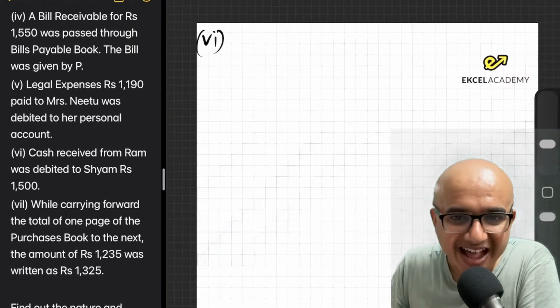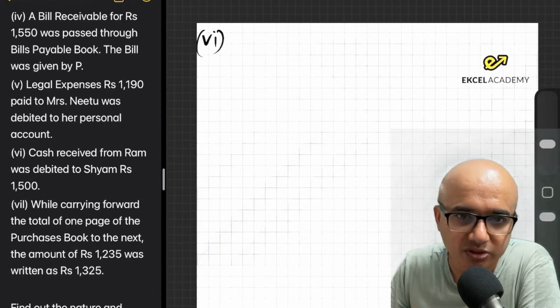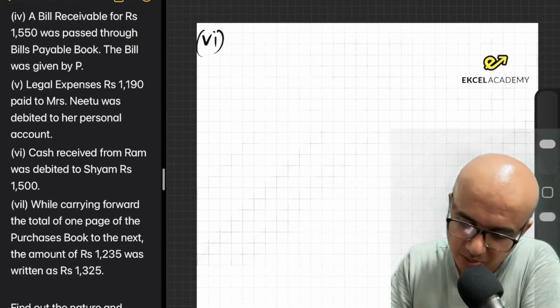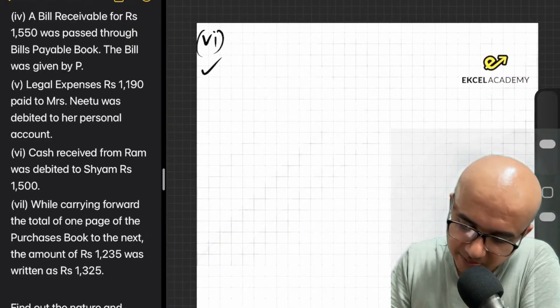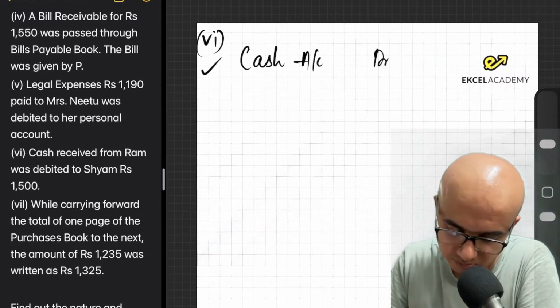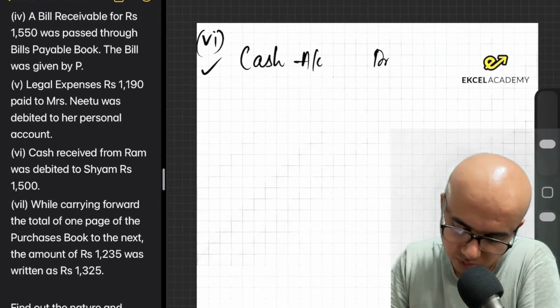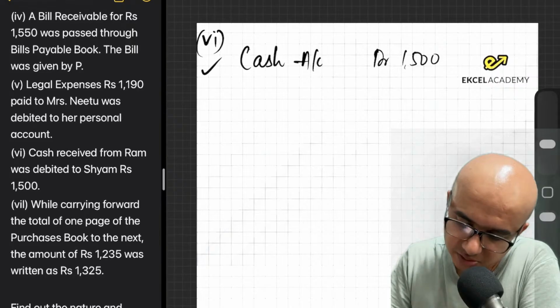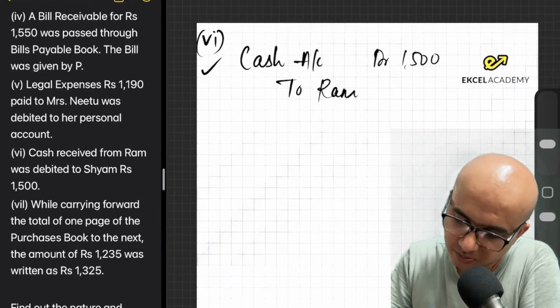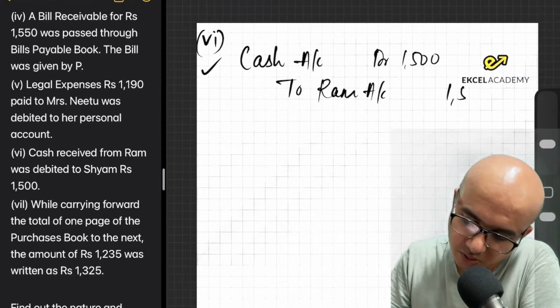Cash received from Ram was debited to Sham. Okay. I think we have done a similar problem. Correct entry: cash account debit 1,500 to Ram 1,500.